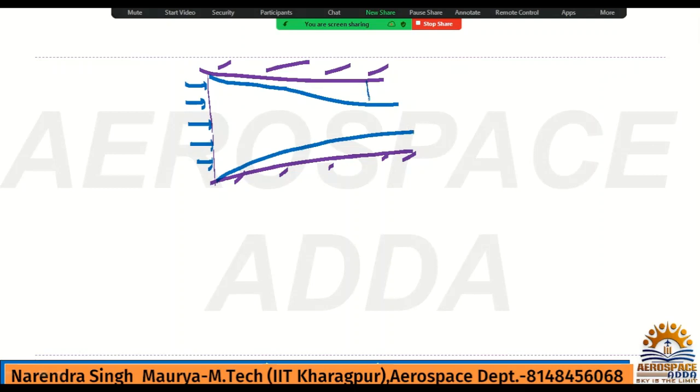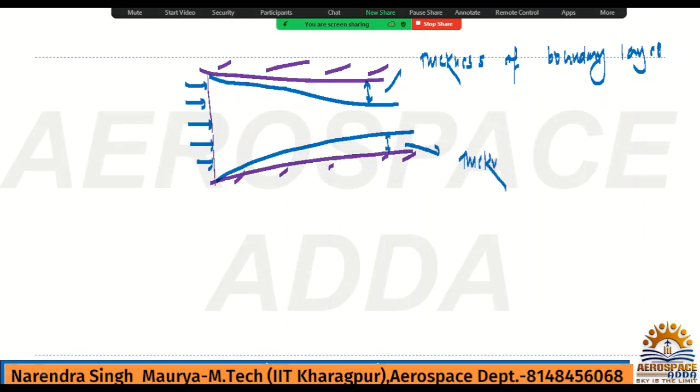This is the thickness of boundary layer, both sides, here also, thickness of BL. So this is the actual or real compressor we are talking about.